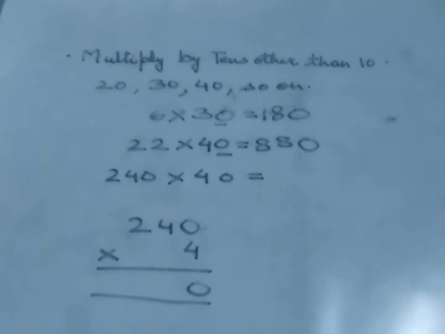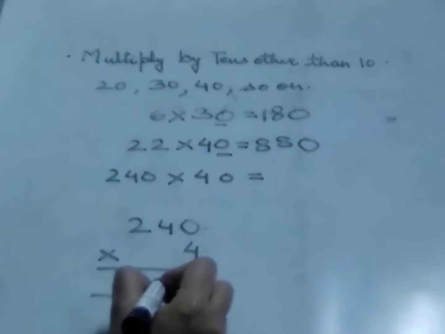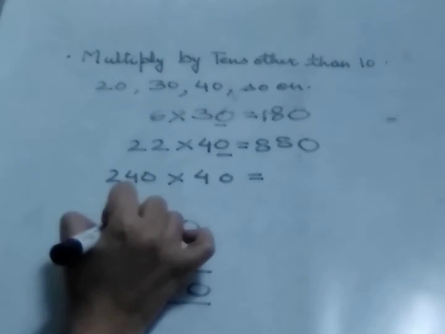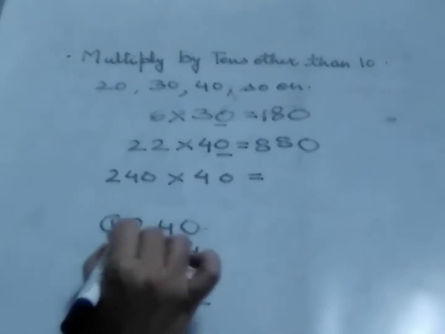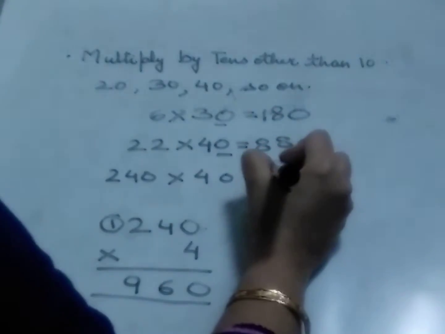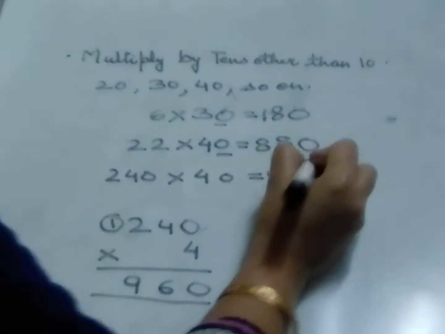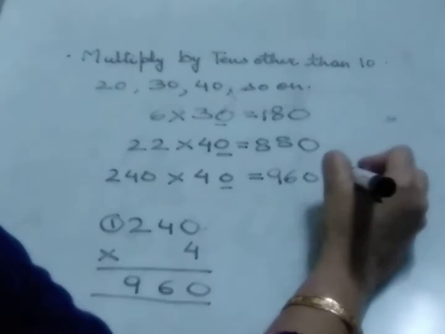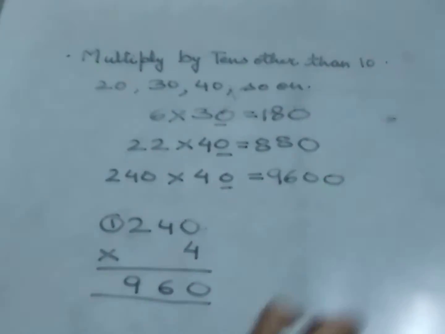When any number is multiplied by 0, the result will be 0. 4 4s are 16. 1 carried over here. 4 2s are 8. 8 plus 1 gives us 9. 960. Now write this remaining 0 in the ones place. So it becomes 9600.